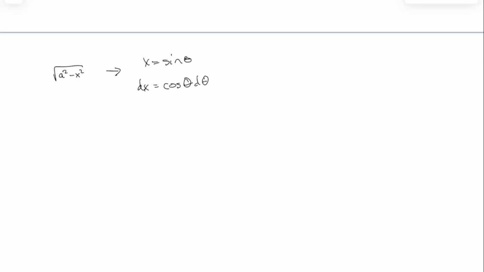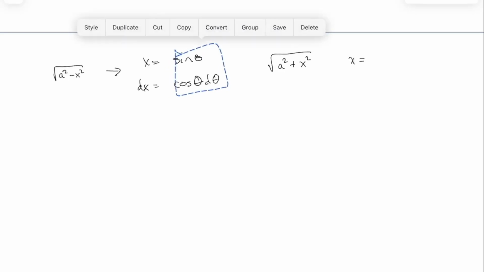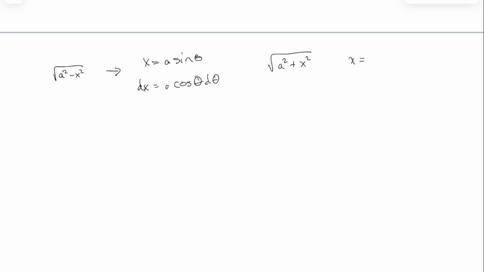It turns out for similar reasons, and we'll just work one out, if you see this with a plus, a squared plus x squared, you should do x equals, sorry, I left the a out. I was trying to summarize here. It's a sine theta and a cosine theta.